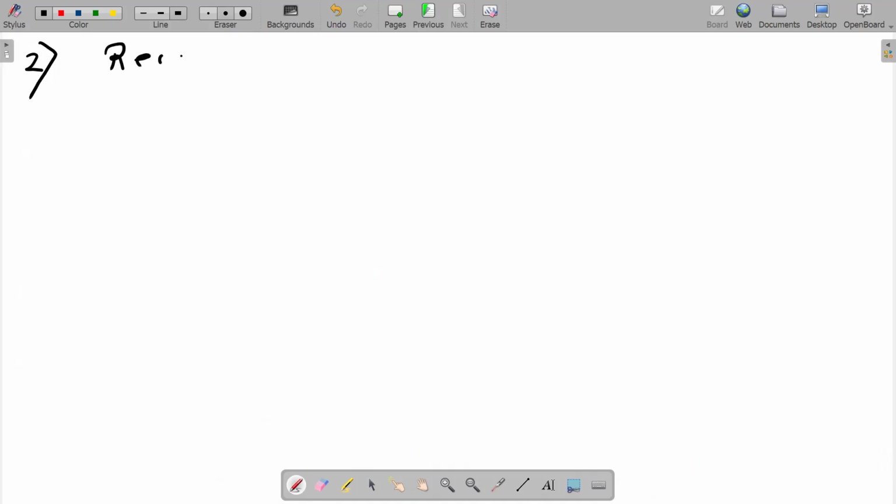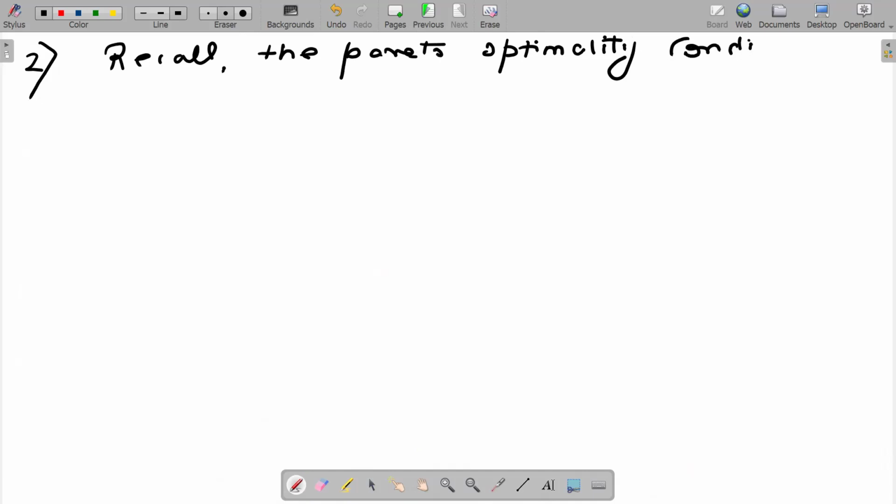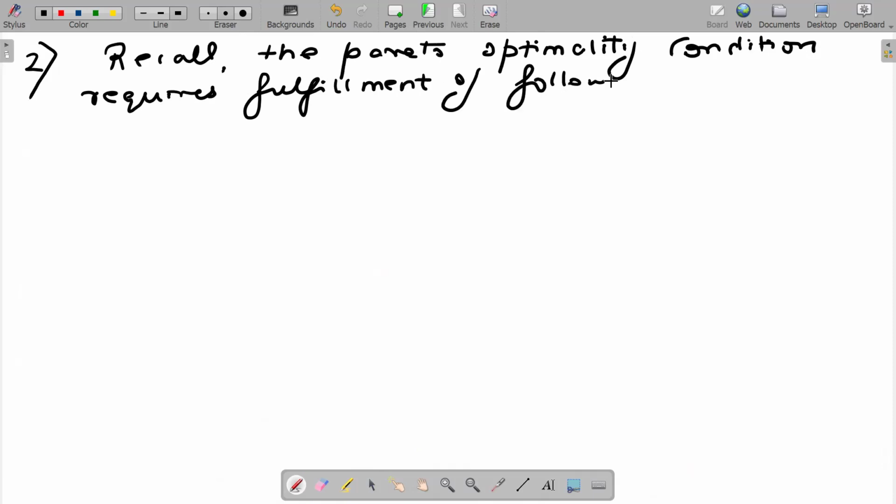Recall that the Pareto optimality condition requires fulfillment of the following conditions.